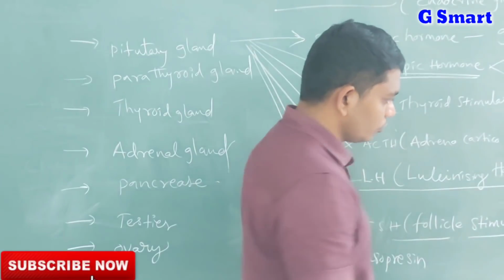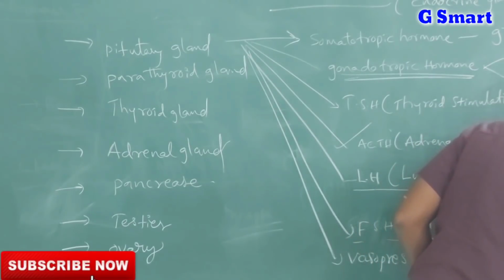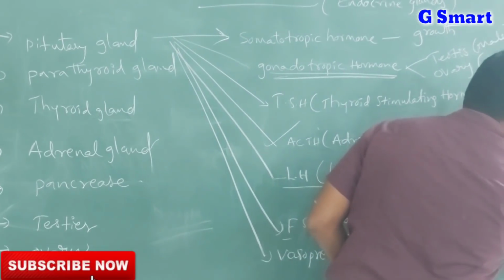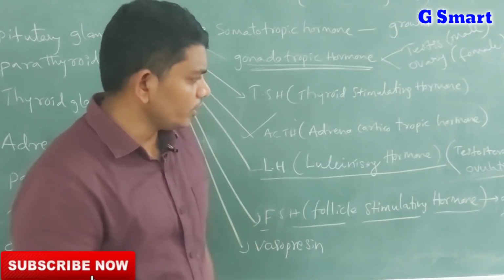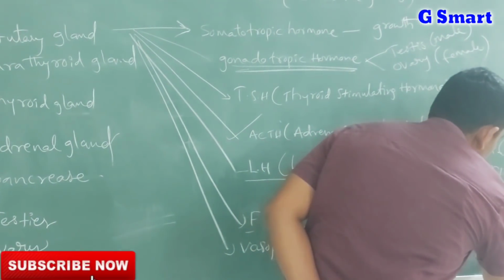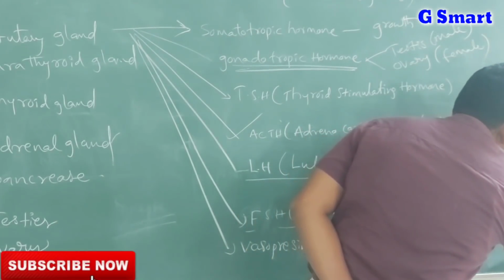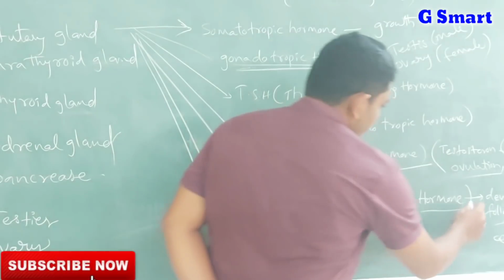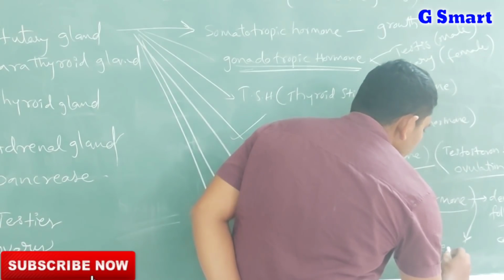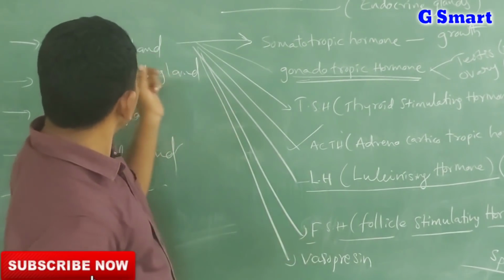It also helps in the release of oxytocin hormone, and it also promotes the hormone called estrogen in females. These are the main important hormones released by the pituitary gland.